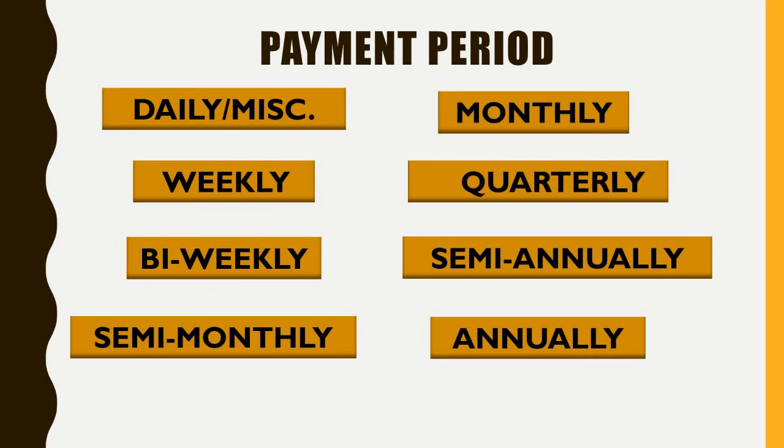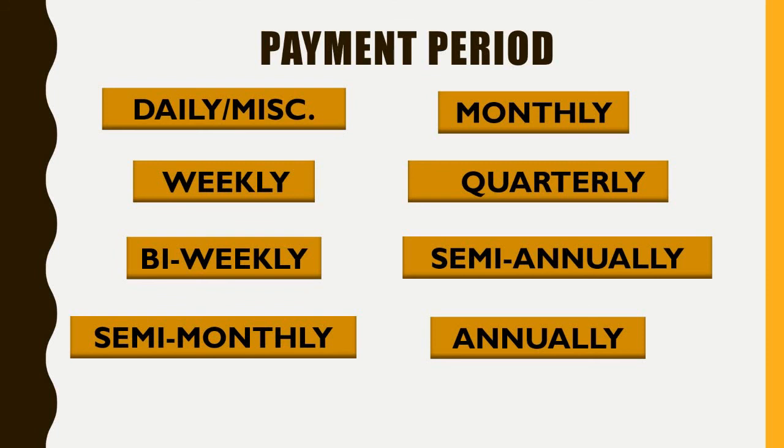Now, in most cases, a very standard, basic kind of job is going to have a bi-weekly or a semi-monthly. Bi-weekly is where you get paid every 2 weeks, so in a grand total of 1 year, you're going to get 26 paychecks. The difference with a semi-monthly is you get paid exactly twice a month, so on the 15th and on the 30th.